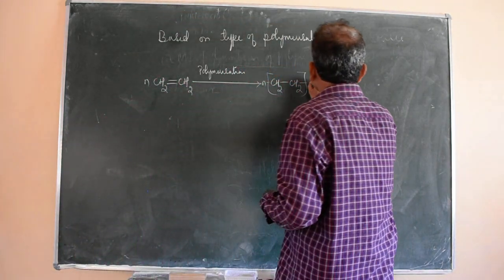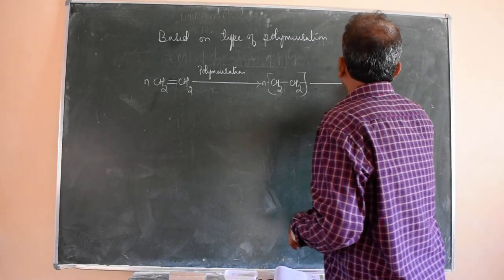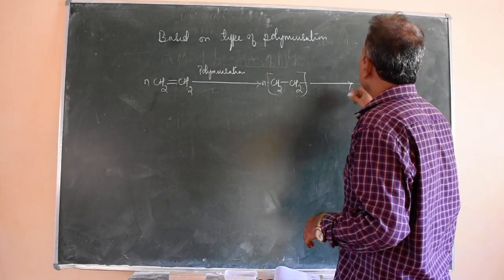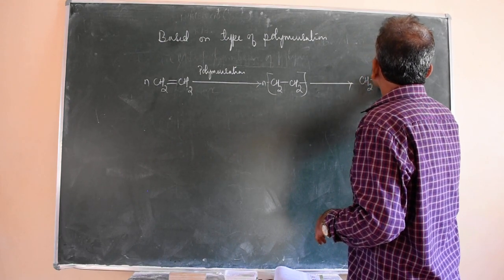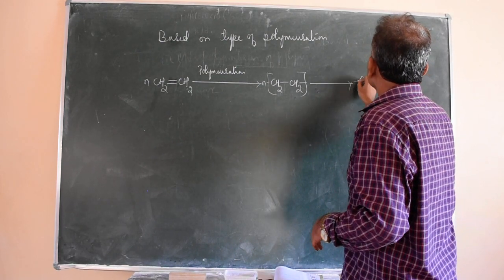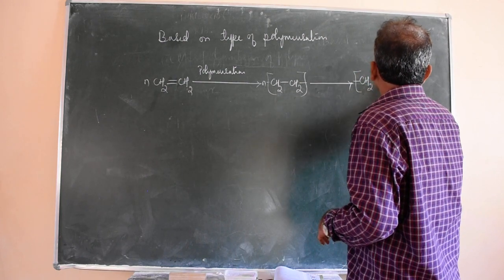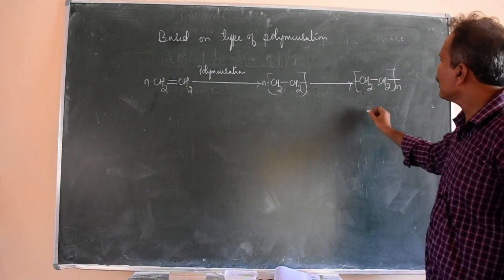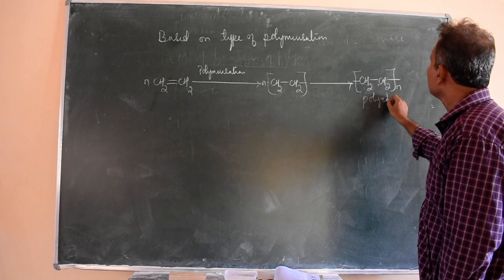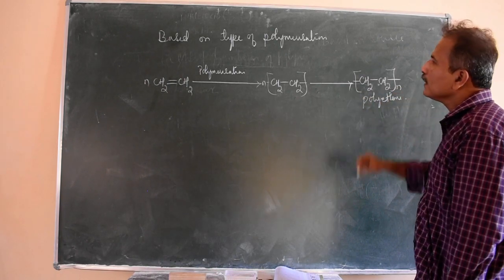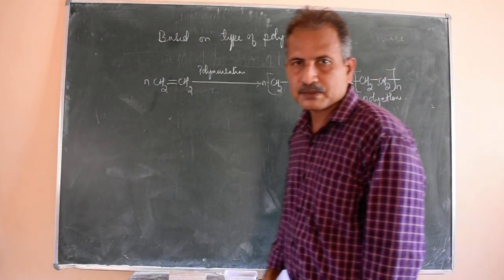So that you get the polymer, that is polythene. So we will get CH2 dash CH2, n number. This is your polythene. So this is addition polymerization.